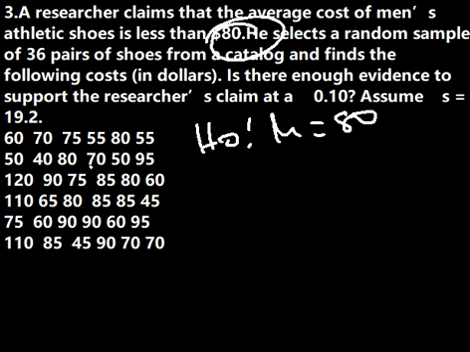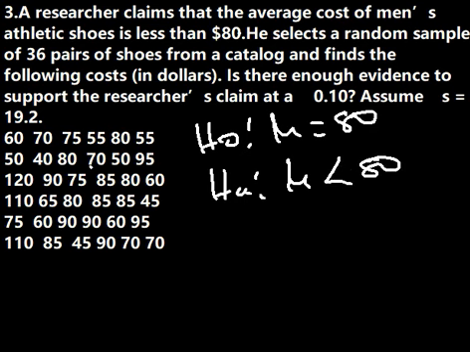Now the researcher is trying to claim that the mean is less than this one. So the null hypothesis is mu equal to $80. And what is the alternative hypothesis? Mu is less than 80. That's the way to go. Which means this is a single-tailed test, the left tail.